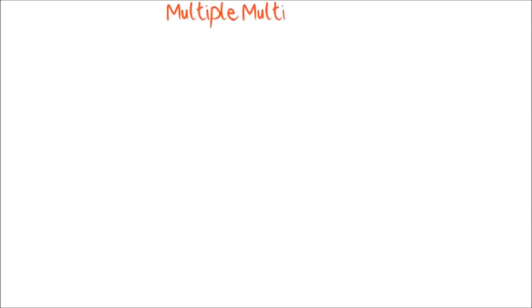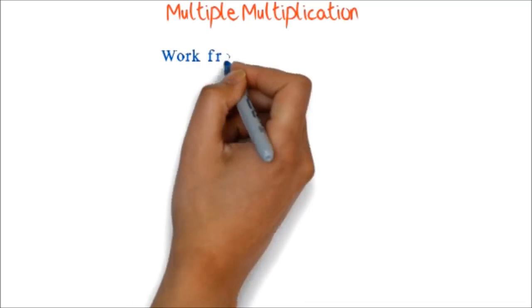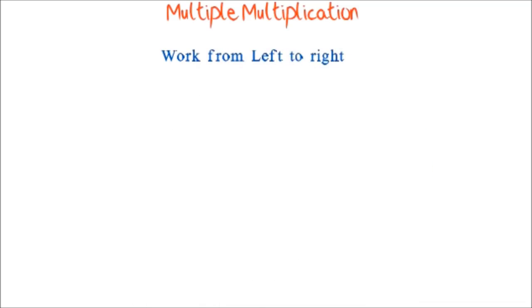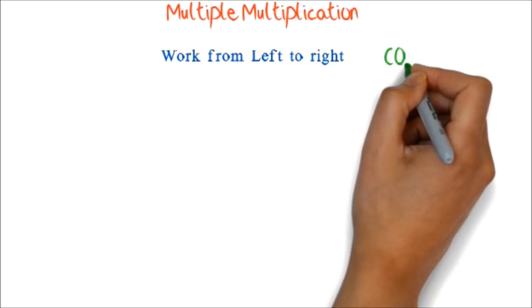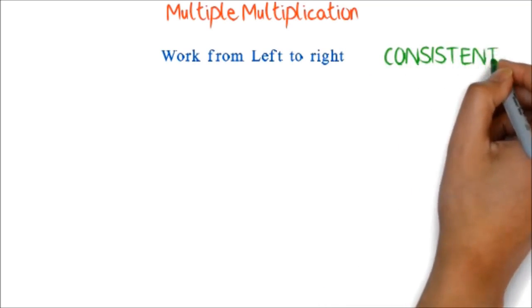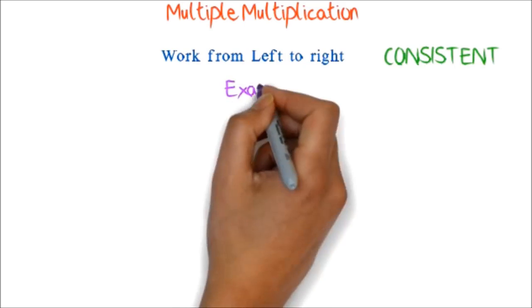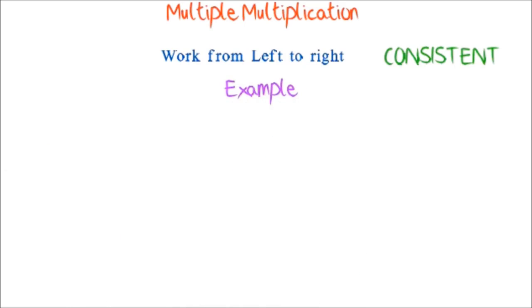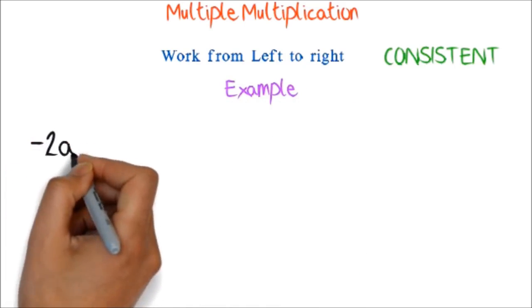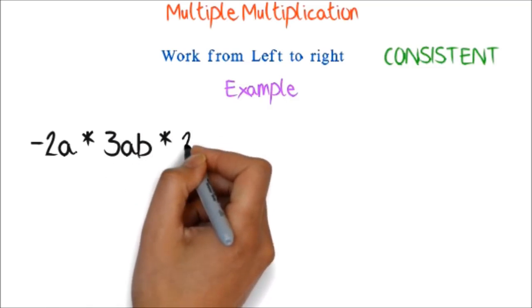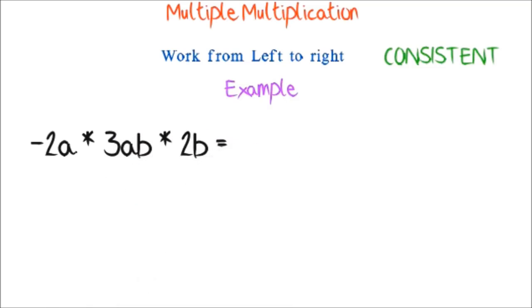When dealing with a lot of multiplications, please work on them from left to right. This is not a mathematical requirement. This will just make it consistent with operations like division and subtraction that require that order. Example: negative 2a times 3ab times 2b.